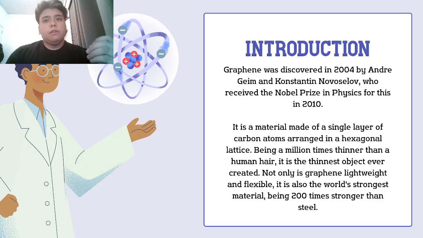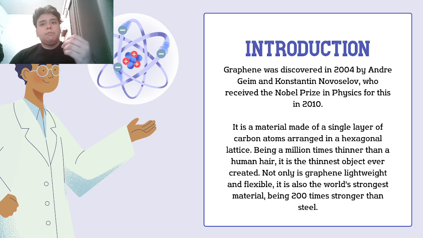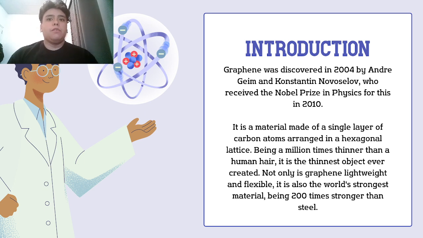Now, firstly, graphene was discovered in 2004 by Andre Geim and Konstantin Novoselov, who received the Nobel Prize in Physics in 2010. Now, to briefly explain what graphene is, it is a material that is made of a single layer of carbon atoms arranged in a hexagonal lattice, being something like a million times thinner than a human hair, which makes it a nanomaterial.